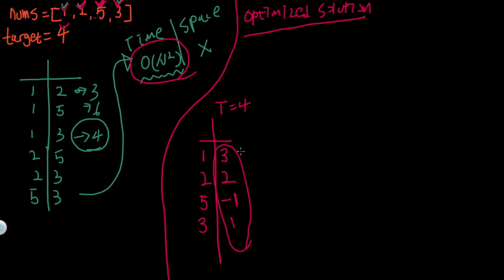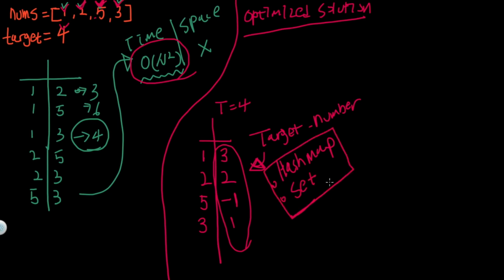These numbers are calculated by target minus the number. So we can do target minus number, and then we can find out these values, the diffs. And then what kind of data structure is very good for looking up stuff? I can think of a hash map and a set.